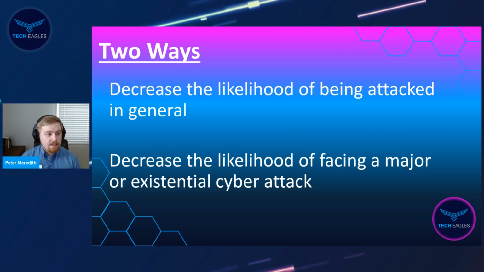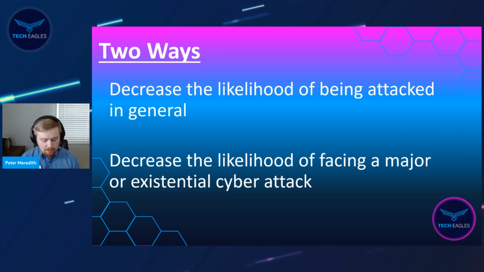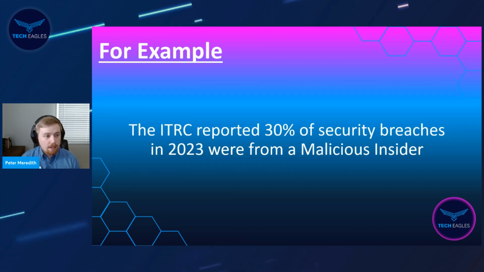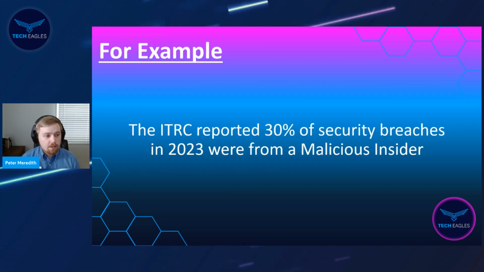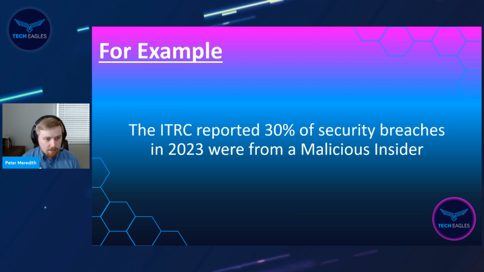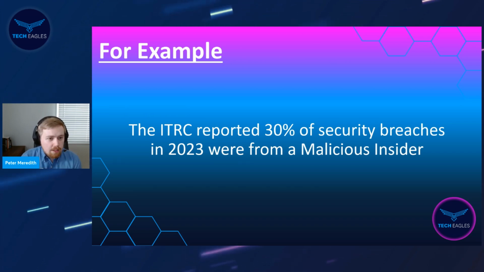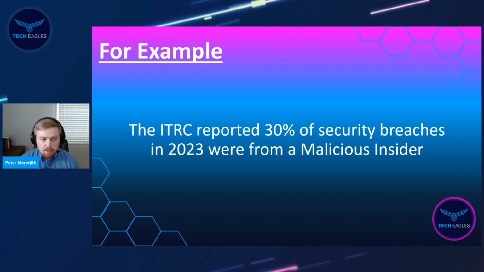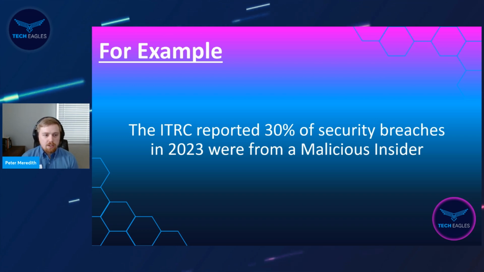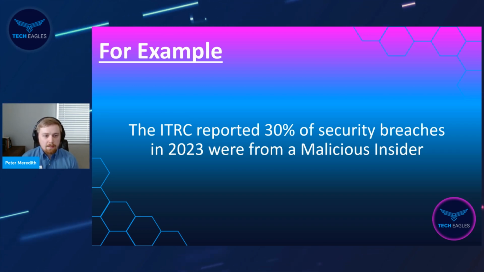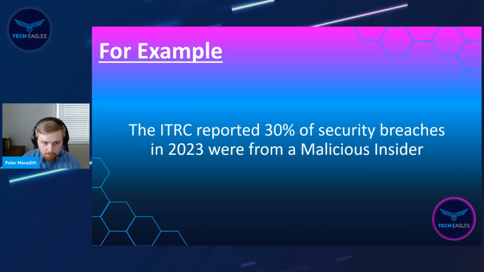I will give you an example of a way to decrease the general likelihood of you being attacked. The ITRC reported that 30% of security breaches in 2023 were from a malicious insider.